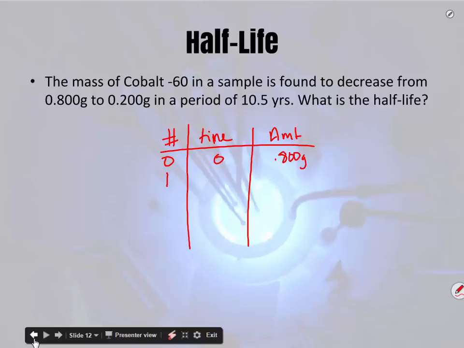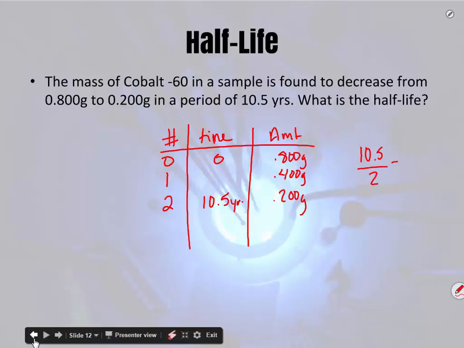If 1 half-life goes by, I don't know the time, so I'm going to leave that blank, but I would have 0.4 grams. With 2 half-lives, I don't know the time yet, but we're going to cut it in half, so I get to 0.2. Now when I'm at 0.2 grams, I know my time is 10.5 years. To get my half-life, or how much I'm counting by each time, I'm going to take 10.5 divided by the number of half-lives I'm on.